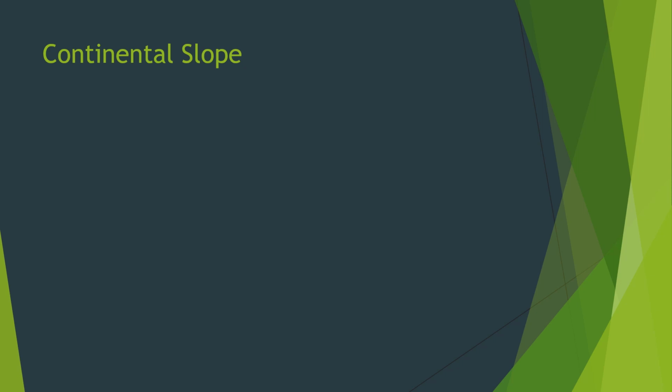And the next one we have is the continental slope. Continental shelf and continental slope have one difference, and that is that the continental slope is steeper, while in the case of the continental shelf, we have a slope that is gradual.